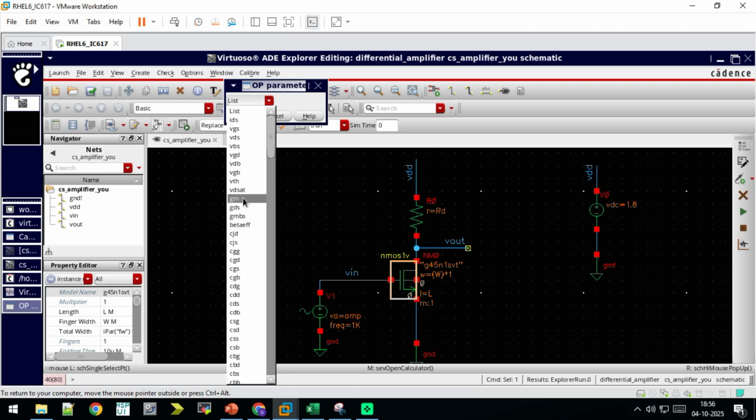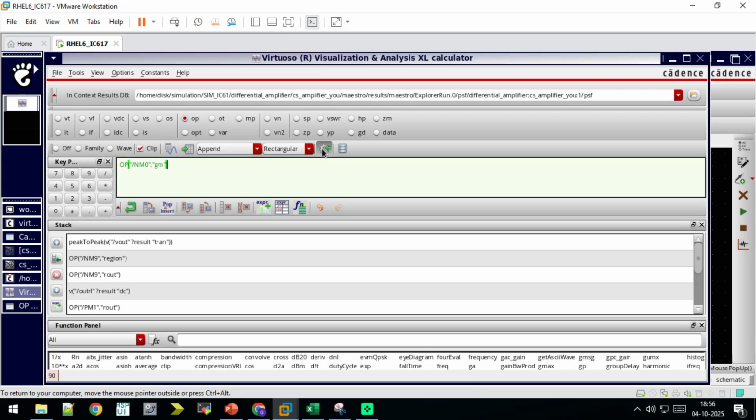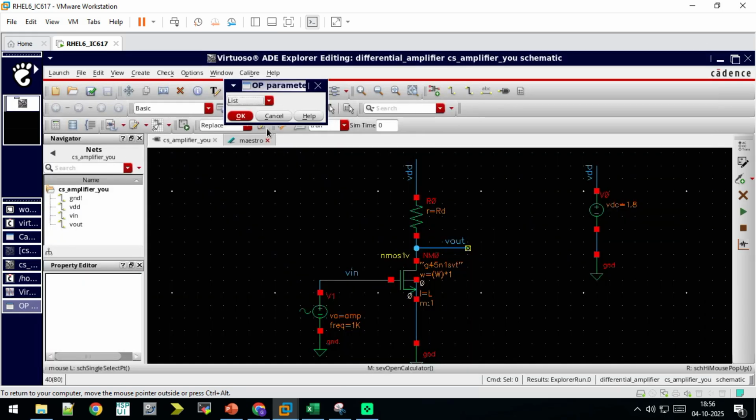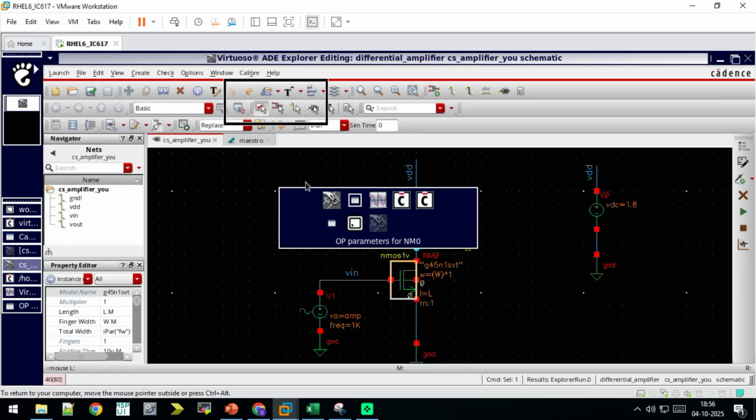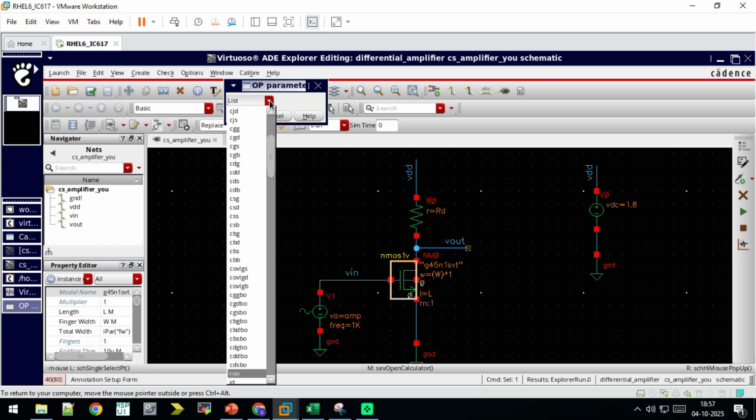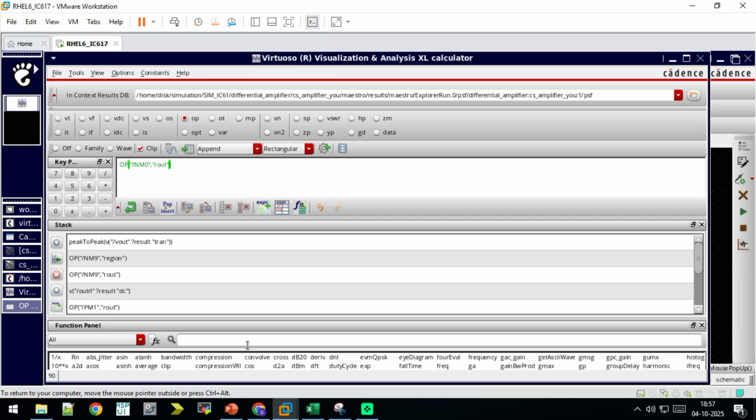So I have to know the value of Gm. So let me bring in the R output also.